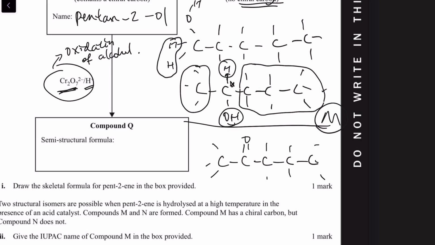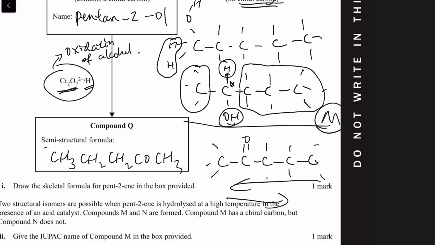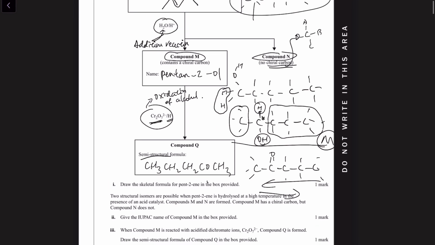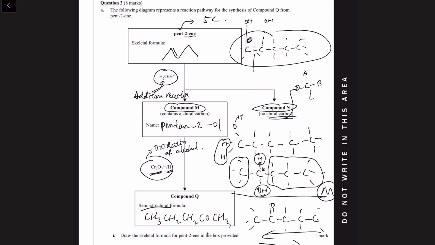So the semi-structural formula is just CH3, CH2. So we name from this side. Or doesn't matter, you can name from either side. CH2, CO, CH3. So this is the semi-structural form. So that's the kind of reaction pathway question you are expected to answer in the exam.